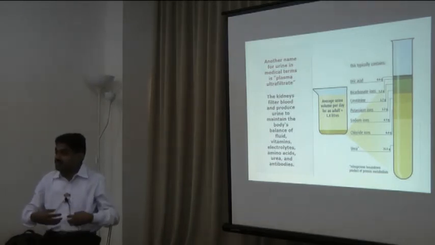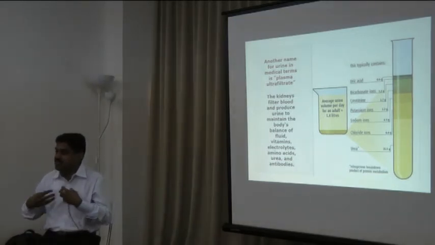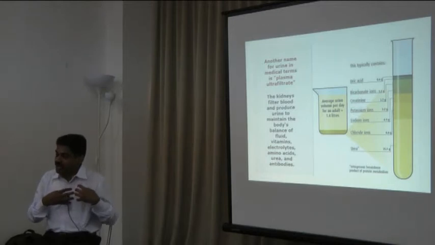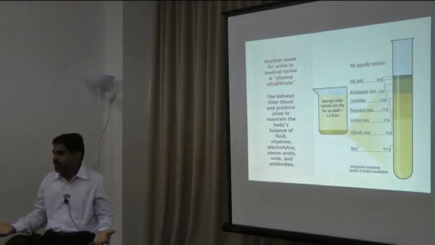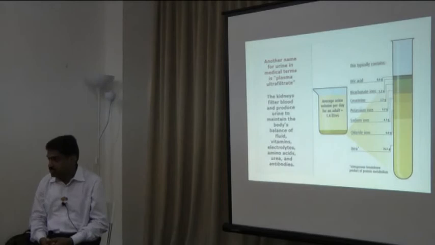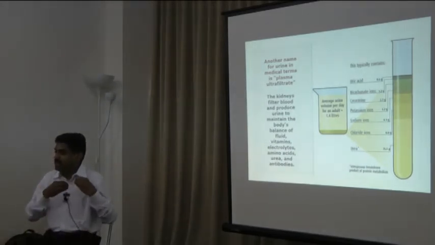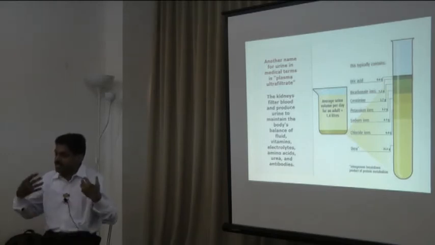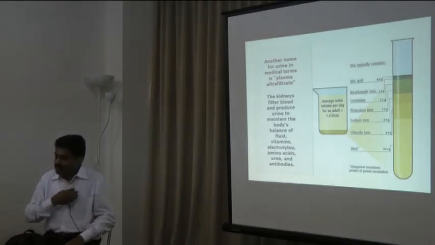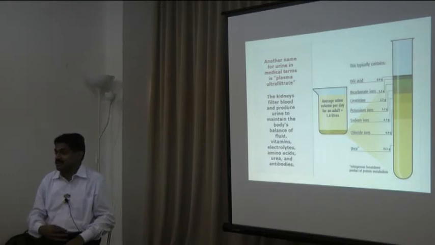Blood goes from the intestines to the liver, then to the heart, and the heart pumps the blood throughout the body to supply various nutrients to all the cells. Again that blood comes back to the heart, gets oxygenated, and is pumped again, and again the blood goes towards the kidneys.